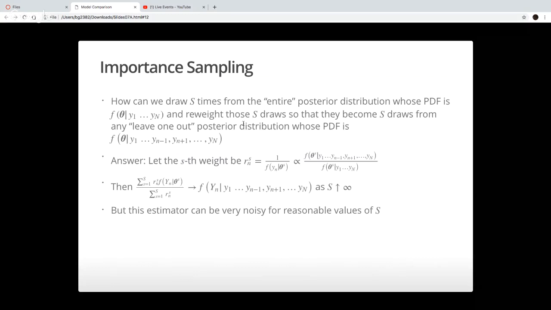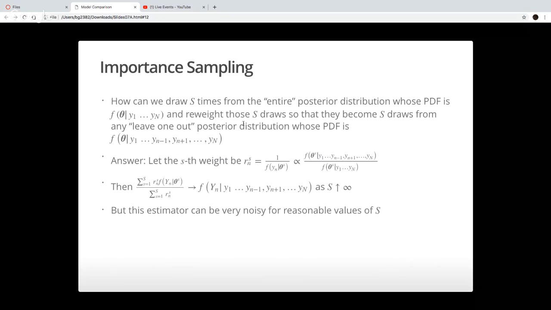So if we have S draws from the entire posterior distribution, by entire posterior distribution I mean conditioning on all n observations that we have, the question that is talked about in the reading is how could we reweight those posterior draws conditional on the entire data to be a posterior distribution conditional on n minus 1 of the data points?